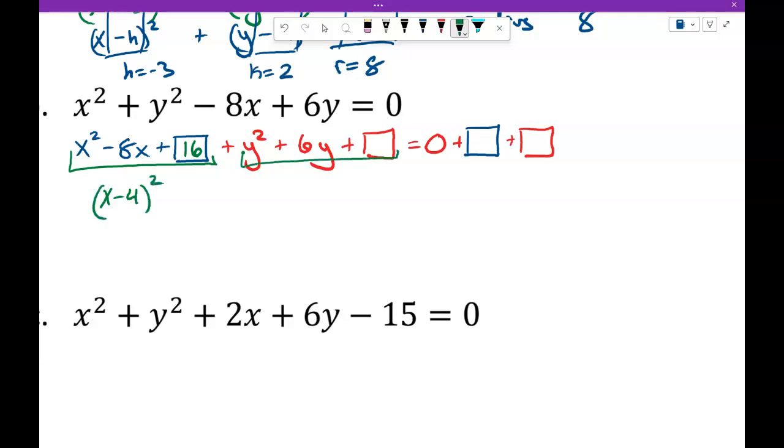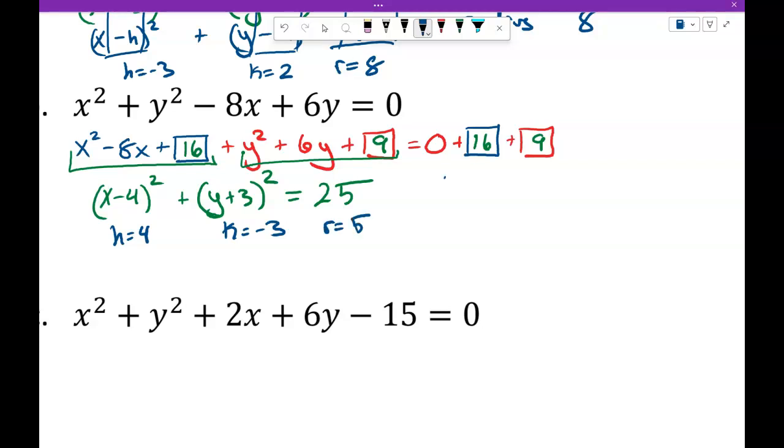Complete the square on y, giving us 9, y plus 3 squared. We're going to add 16 and 9 to 0, giving us 25. Looking at our equation, h is 4, k is negative 3, notice the sign switch, and r is 5. So our center is located at (4, -3), with a radius of 5.